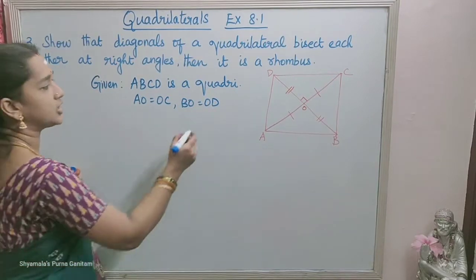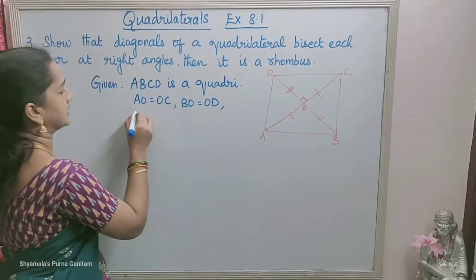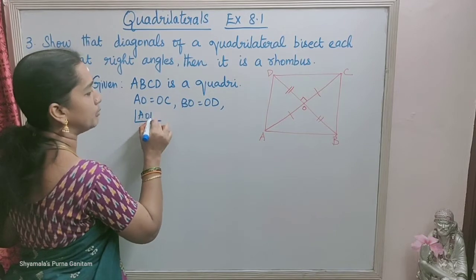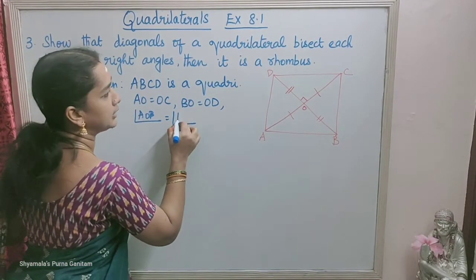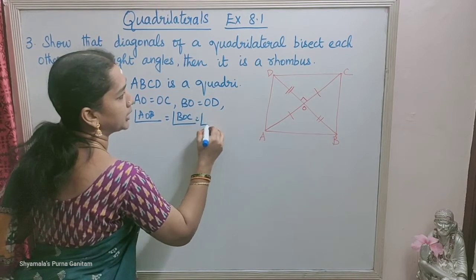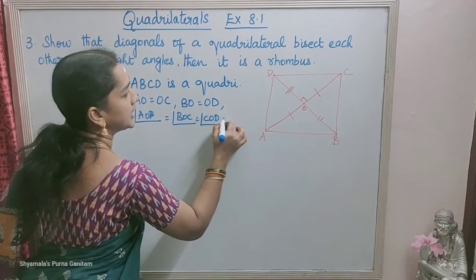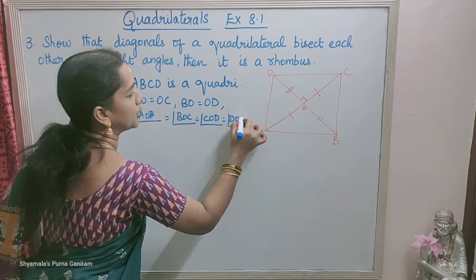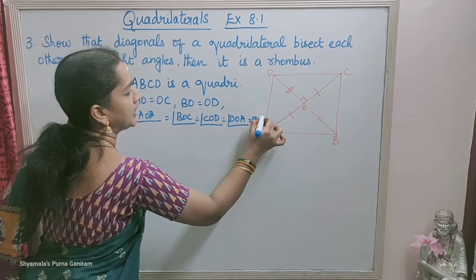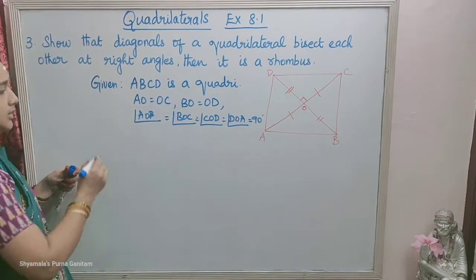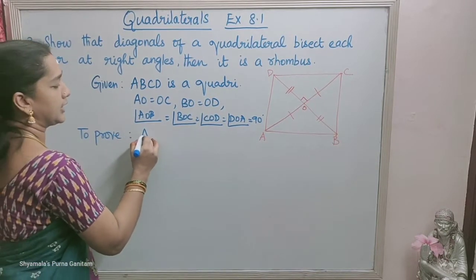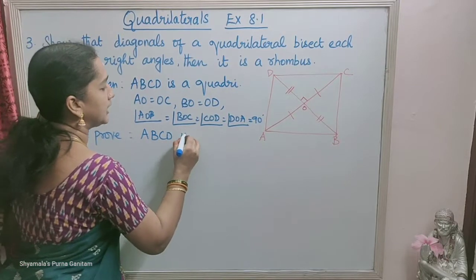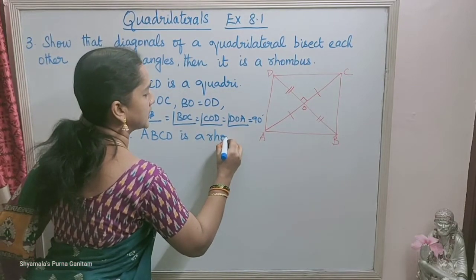Diagonals bisect each other at right angles, so angle AOB is equal to angle BOC is equal to angle COD is equal to angle DOA is equal to 90 degrees. So these are the things given. You are asked to prove ABCD is a rhombus.